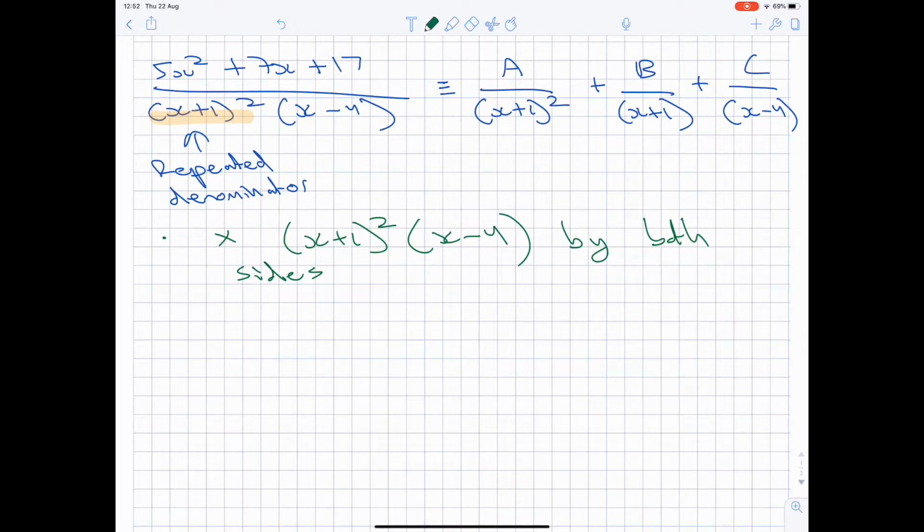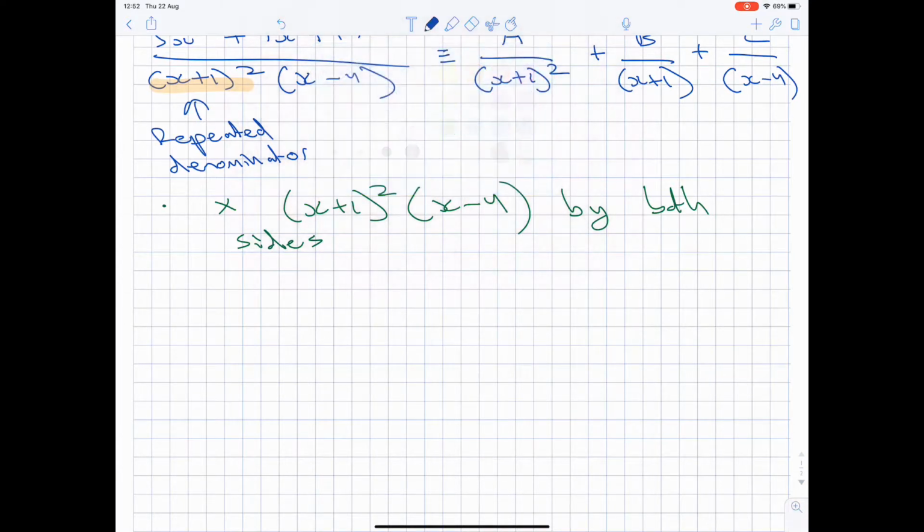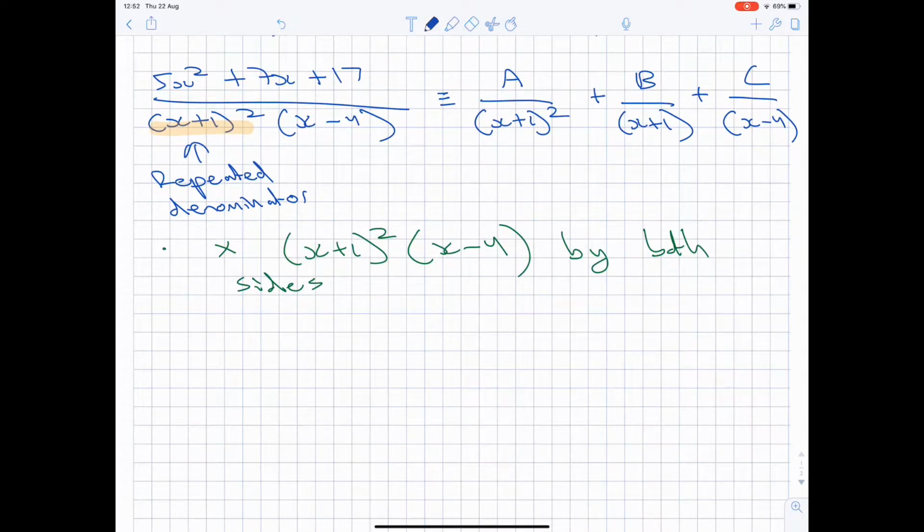So what does that mean in terms of the next part of answering this question? So what we're now going to do is, well, on the left hand side, if we're timesing it by the denominator, it's going to just cancel it out effectively. So we're just going to be left with the numerator. So that would be 5x squared plus the 7x plus the 17.